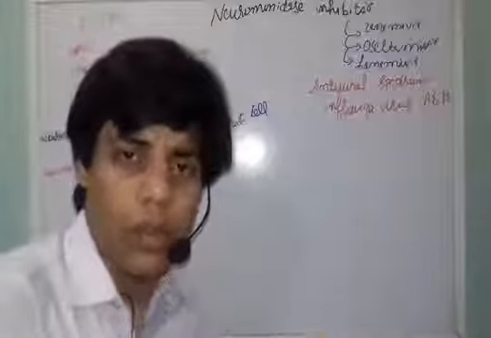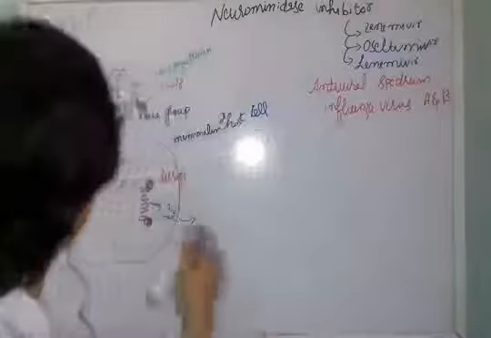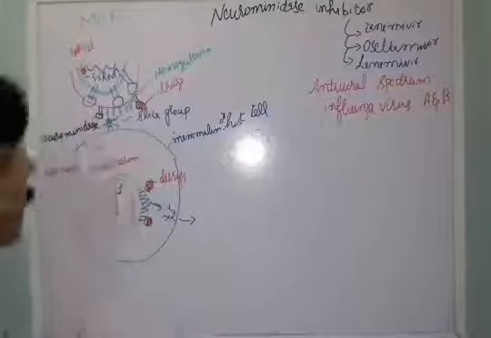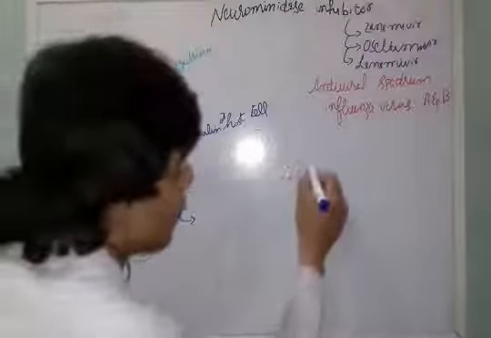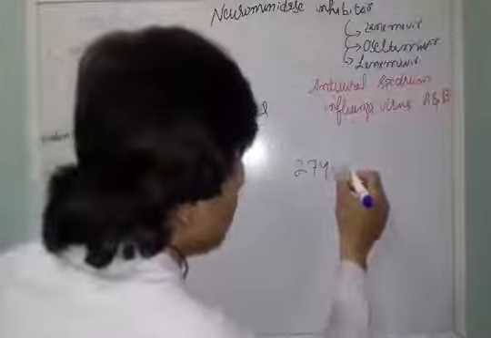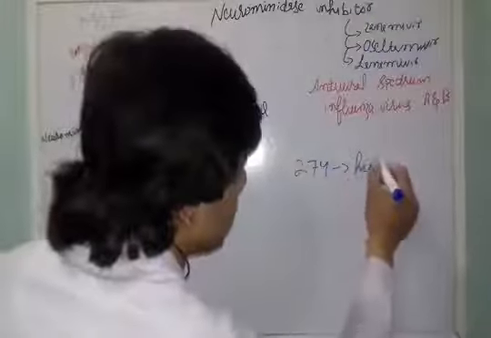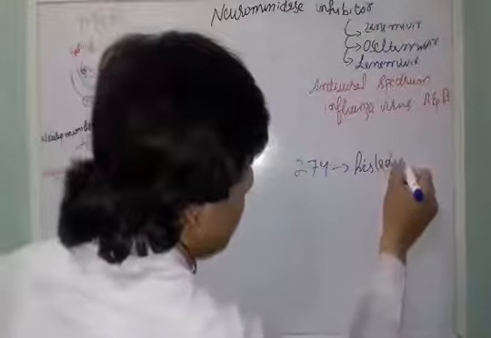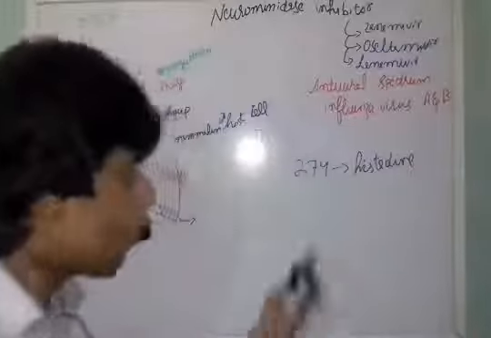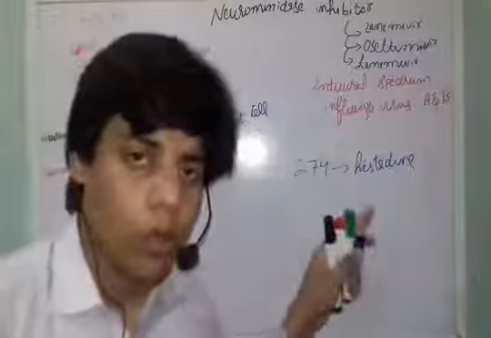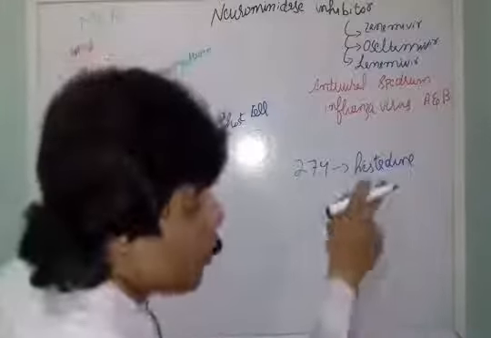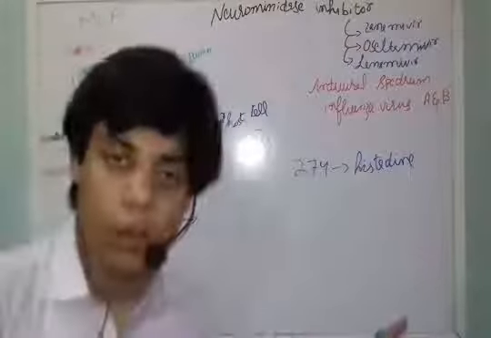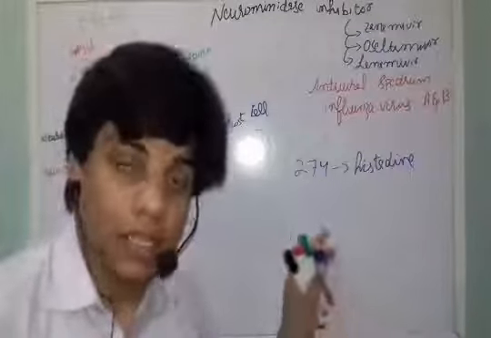will show differences. At this neuraminidase enzyme there are some positions, at position 274 there is the amino acid we call histidine. So histidine is present at position 274 in the neuraminidase enzyme.